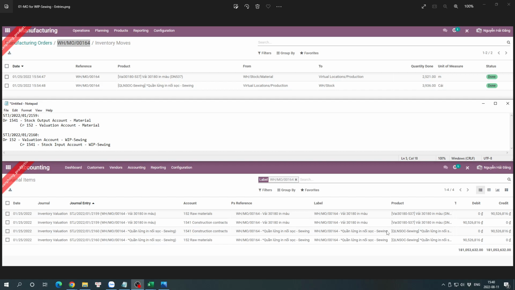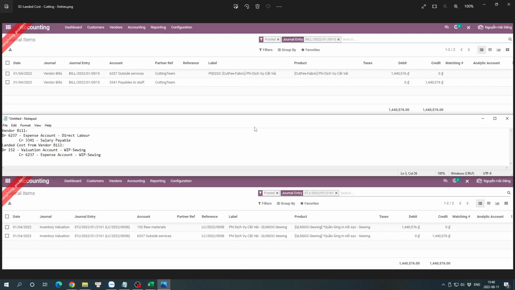And the answer is that it doesn't really matter. We are only looking at 152 as our main asset account for raw material, work in progress, etc. This one is just an intermediary account. As long as the money offsets each other, it's all right. The product doesn't really match, but we can tolerate that. So that's how this system is organized.